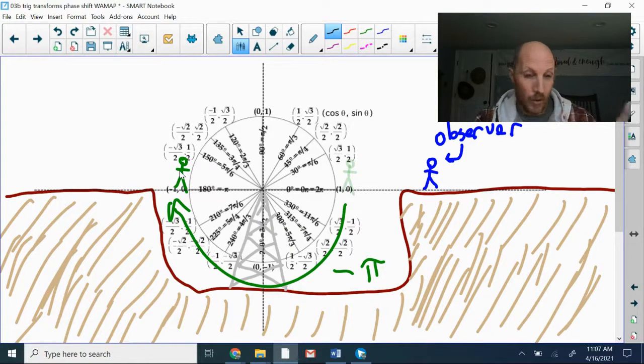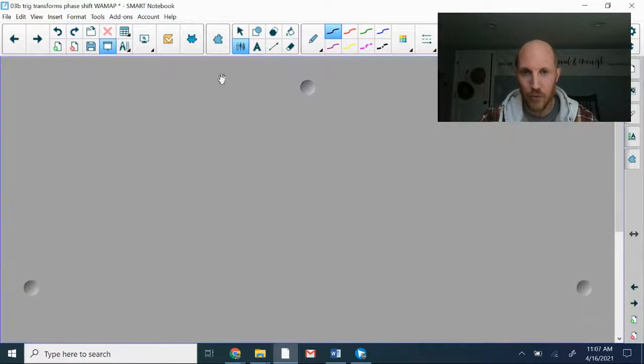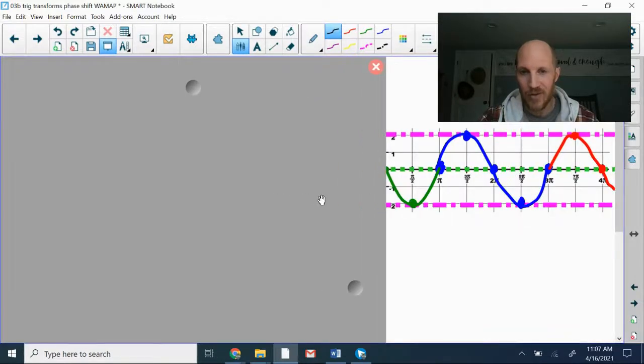And then always proceed counterclockwise. That's the way the unit circle goes. So if I start from the midline, once I start drawing my graph at the y-axis, start at the midline and then go down, because the graph walker is always going to proceed counterclockwise. So start at the midline going down. And if I look at the graph I just drew, that is exactly what happened.